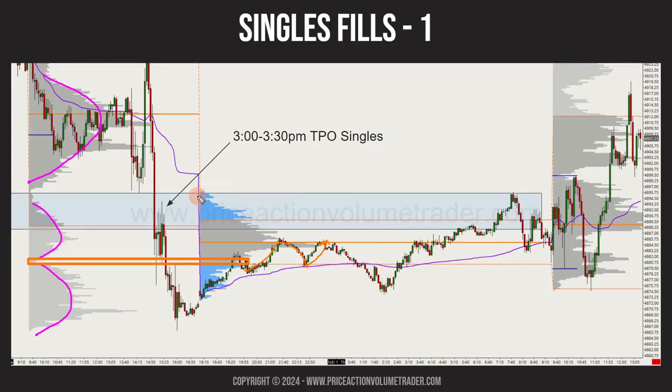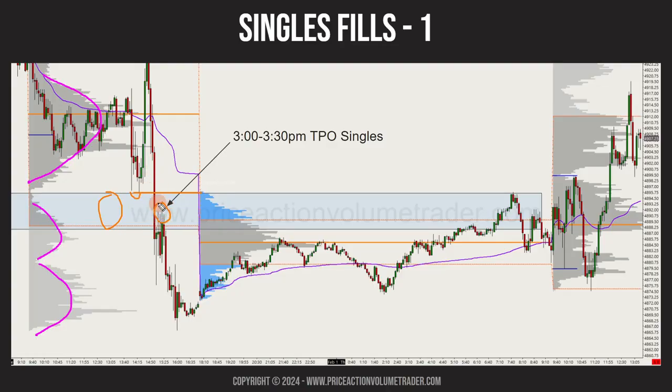We did go back down into here. By then, this profile has already started developing, because remember, once we open up here, this profile is not really developed. So we're mostly looking at the previous session, the information we have to the left of the chart. And then this shaded area, these are the single prints, where we started on this support, an impulsive move down.